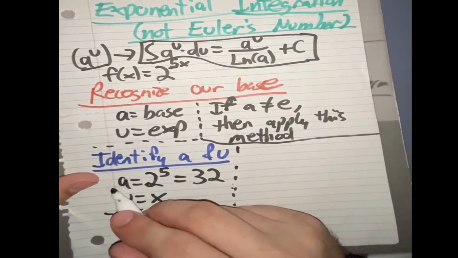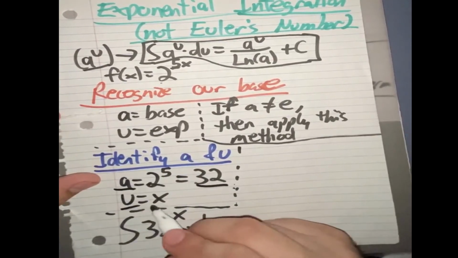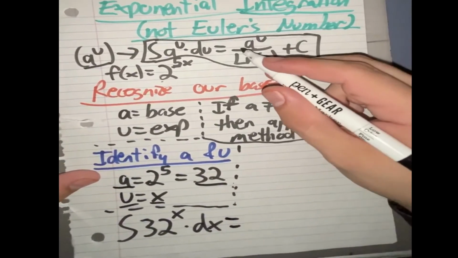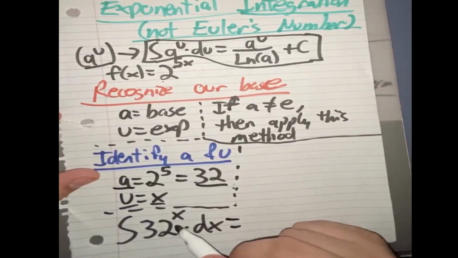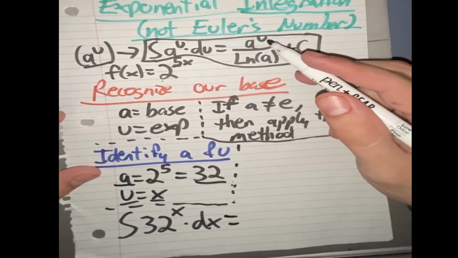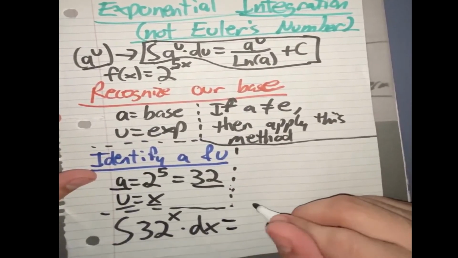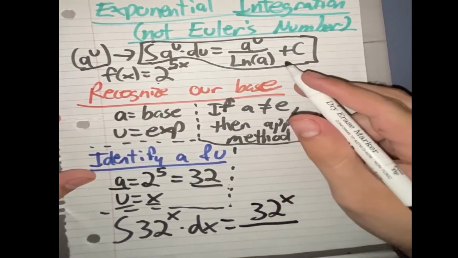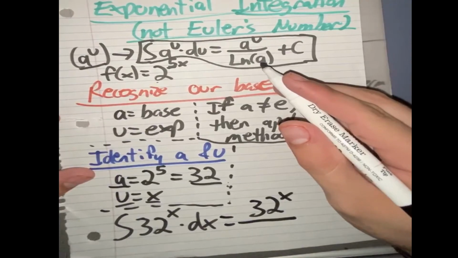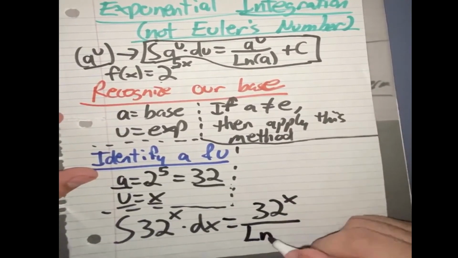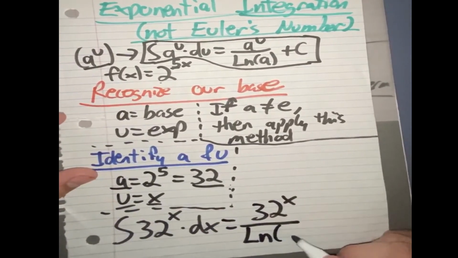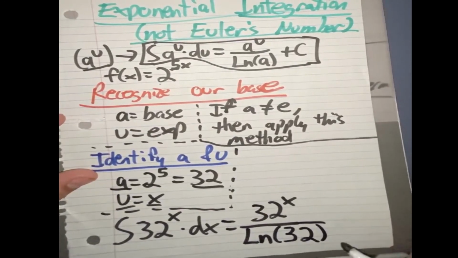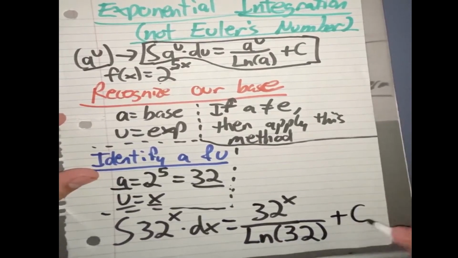Now that we've identified our A to be 32 and our U to be x, we can plug it into this formula. The integral of A to the U is A to the U, so 32 raised to the x, divided by the natural log of A, so the natural log of 32, plus C.